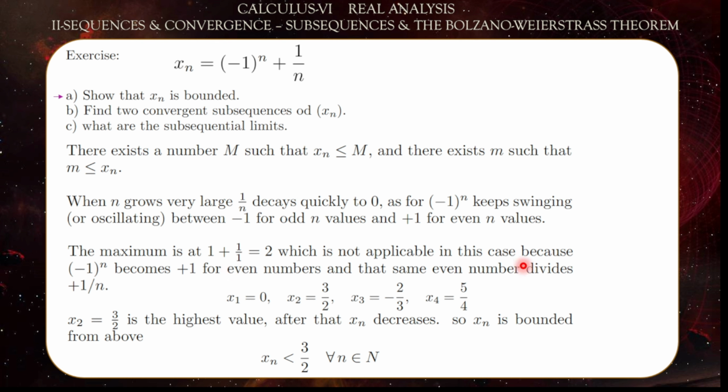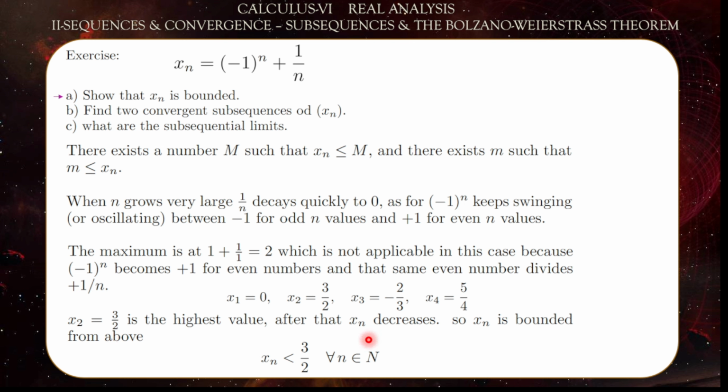Because in this case (-1) to the power of n becomes positive, +1, for even numbers, and the first even number that you encounter is 2. So you would have plus 1 divided by 2. So x1 is equal to 0, x2 equals 3 divided by 2, x3 equals -2 divided by 3, x4 equals 5 divided by 4, so it keeps decaying. x2 equals 3 divided by 2 is the highest value that you would encounter.